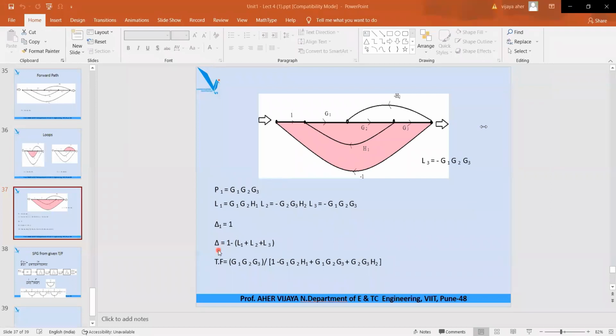So del is equal to 1 minus into bracket L1 plus L2 plus L3 bracket complete. Okay. Now put all these equations in equation of transfer function. So G of S is equal to C of S divided by R of S. बरोबर ना?